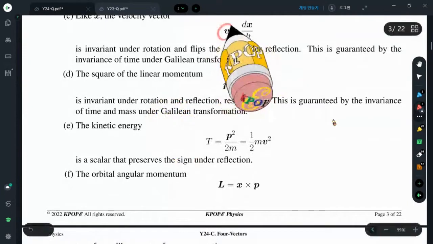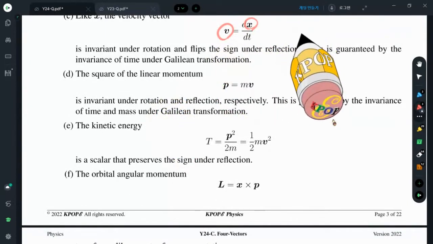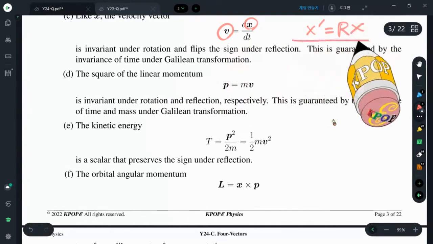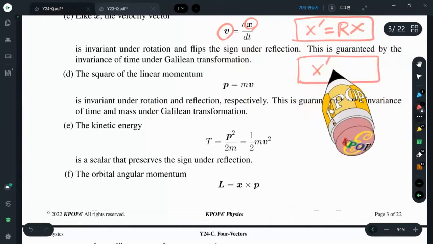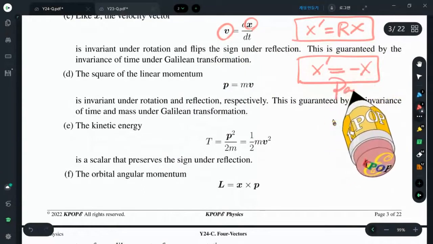For example, these are vectors. A vector rotates on the rotation in this way. In addition, x prime equals -x under parity.